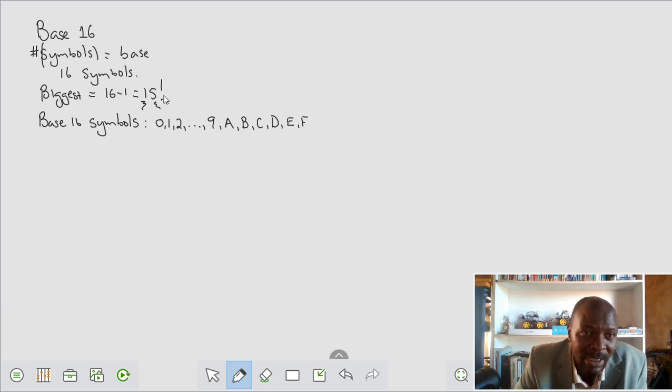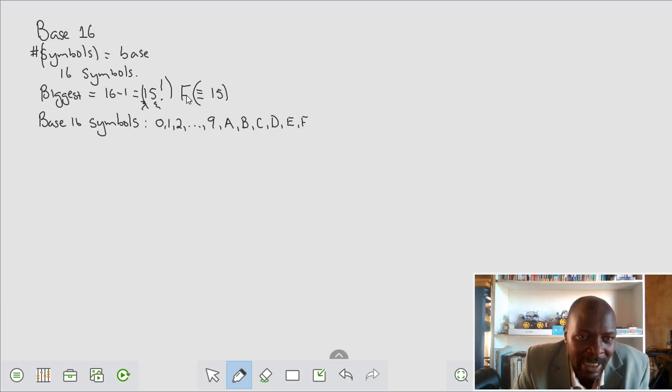So our biggest symbol is F. This F is equivalent to 15.